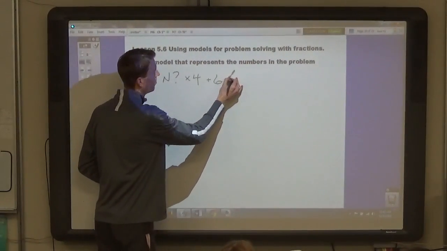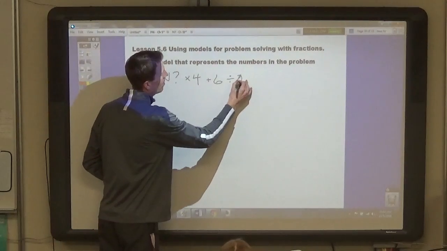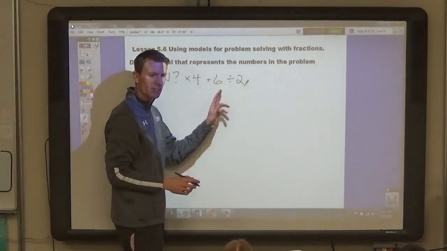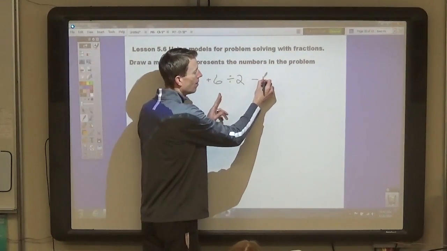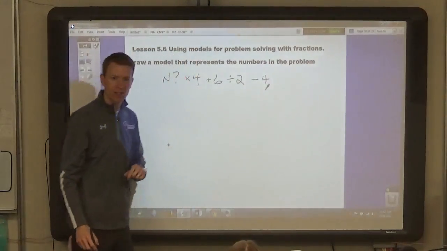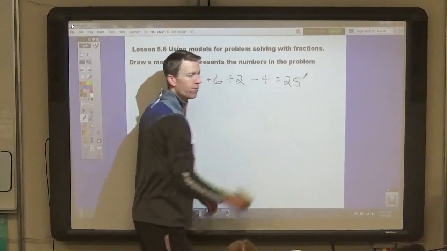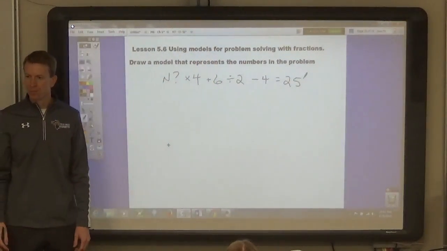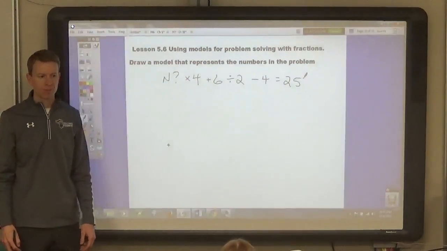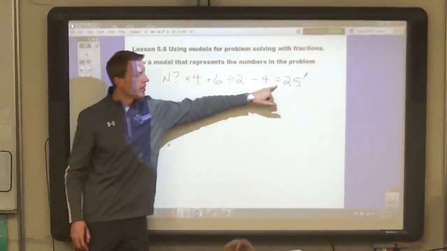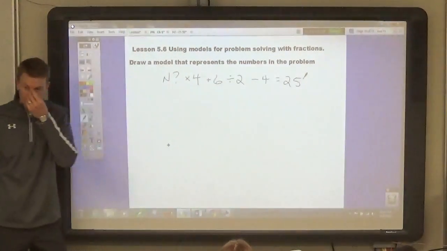Yep. And then, after he subtracted 4 from the quotient, then it's equal to 25, right? So this is what he did to get to 25.